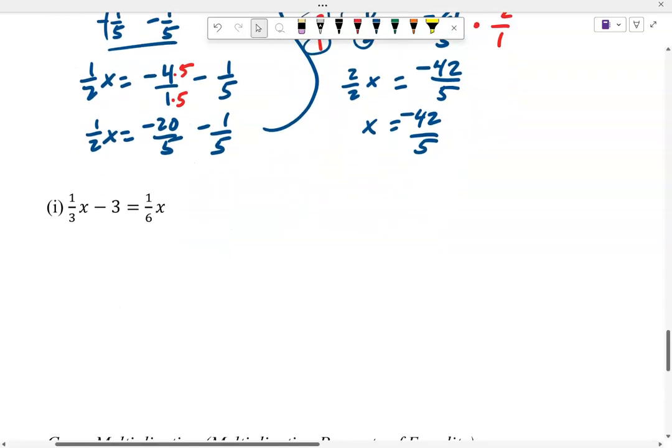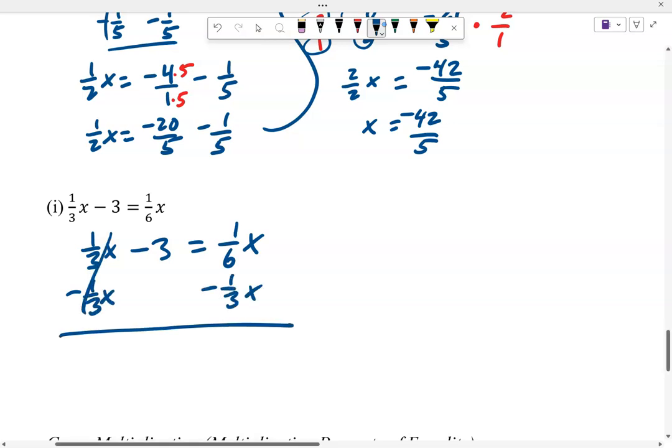Let's do another one here, a little bit different. I have 1/3 x minus 3 equals 1/6 x. I want all the x's on one side. So let me take this to the other side. And so I have my number here, and now I have 1/6 x minus 1/3 x.